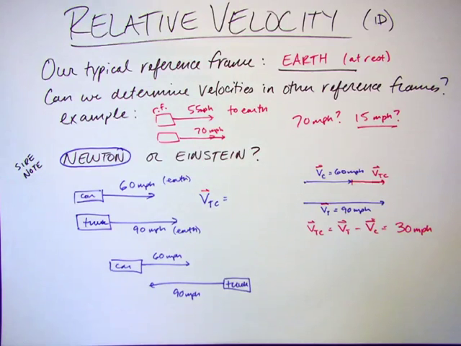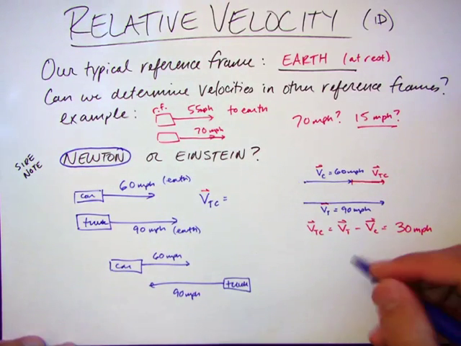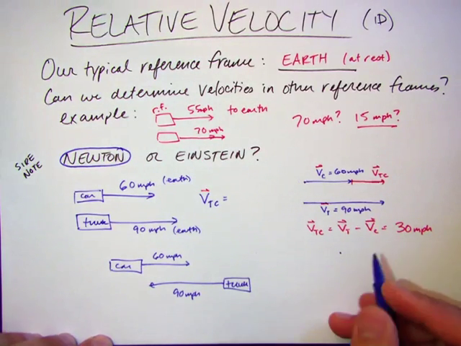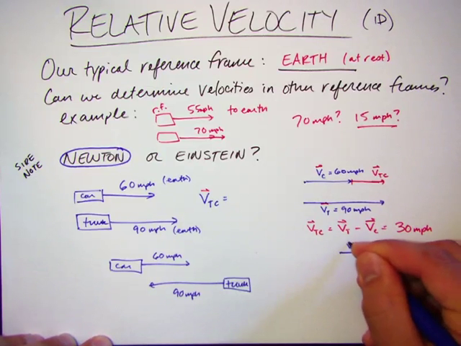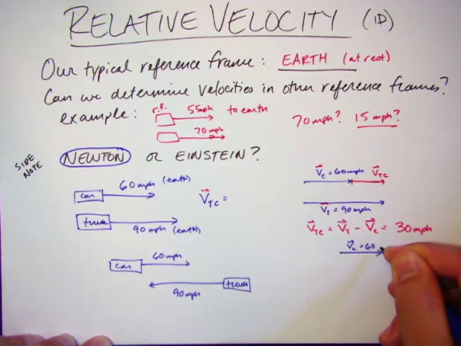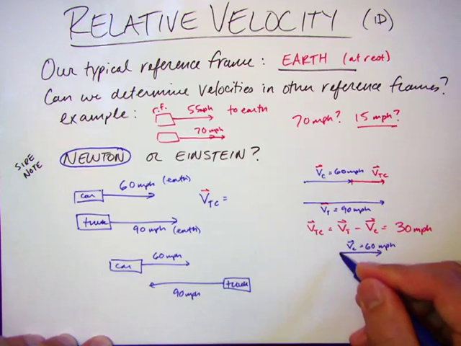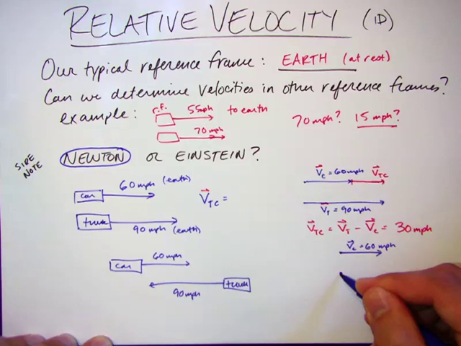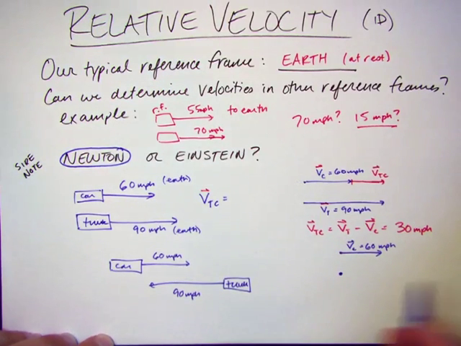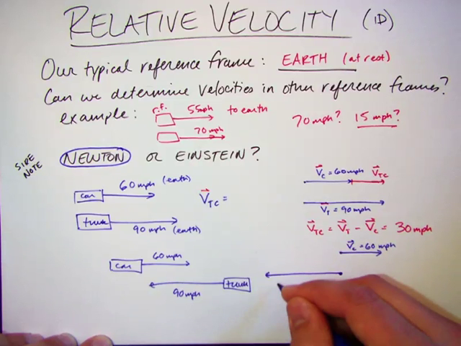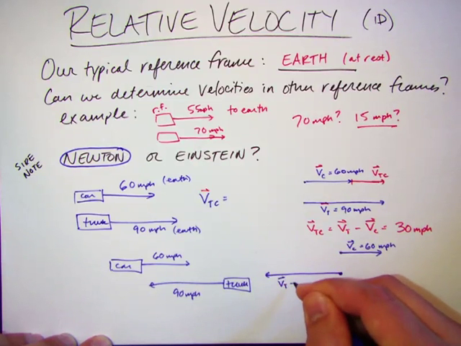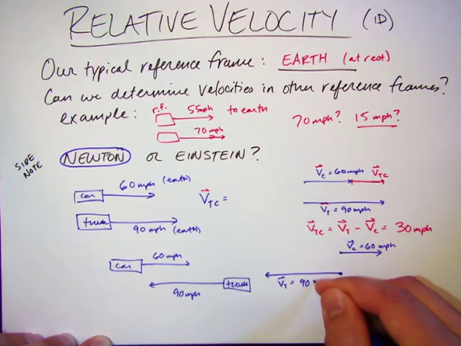Well, we're going to do the same thing we did here. We're going to start with the two vectors. Velocity of the car is to the right. And now I'm going to line up my truck velocity starting at the same spot, and draw it in the opposite direction. So the velocity of the truck is 90 miles per hour to the left.